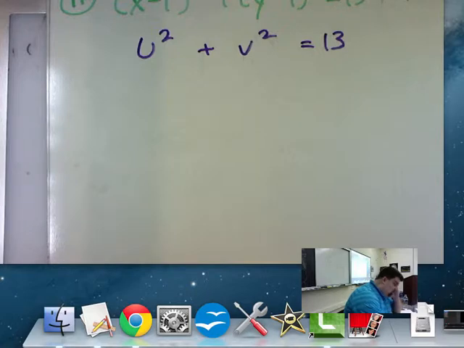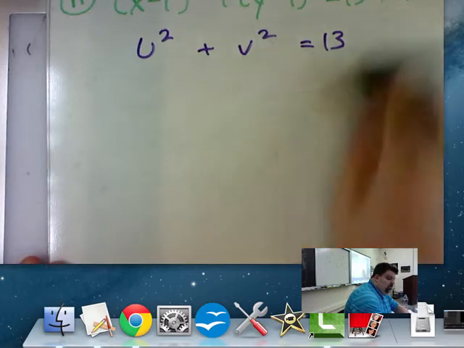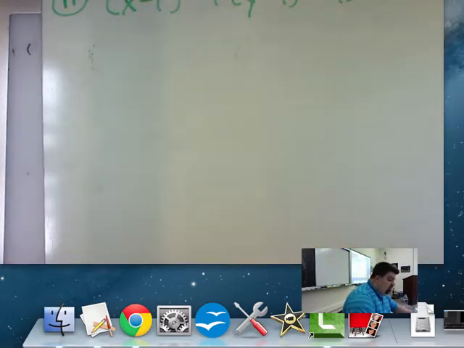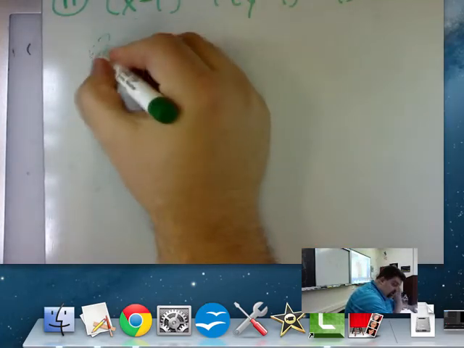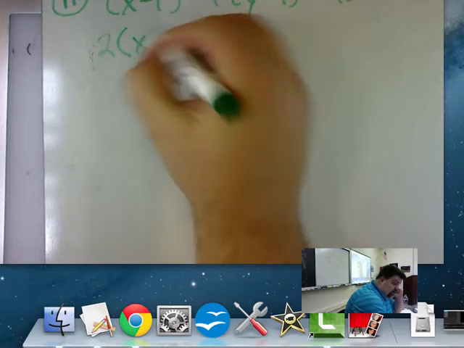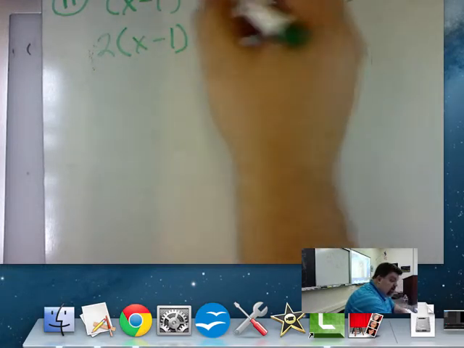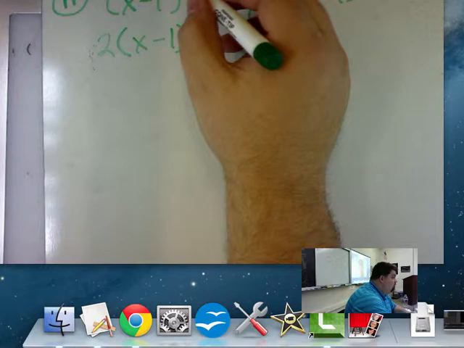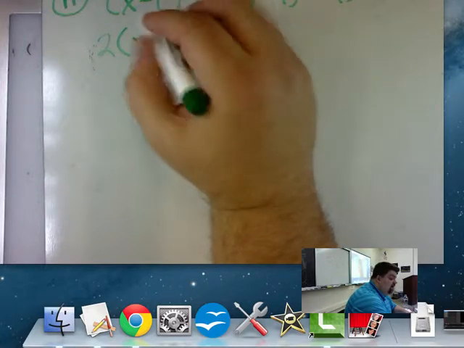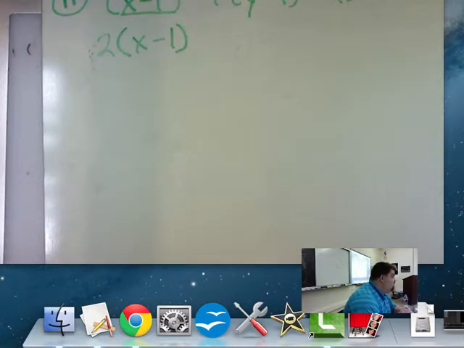So how would that look? Well, the power rule says we toss the 2 to the front. So I've got 2 times (x minus 1), and that gets dropped down a power, so it'd be to the first power. Then we tack on the derivative of the stuff on the inside.